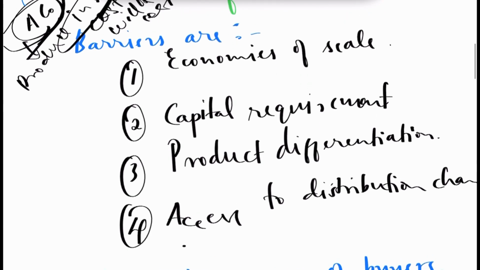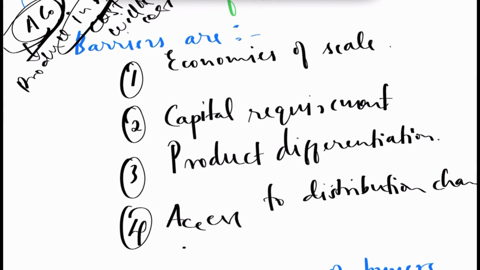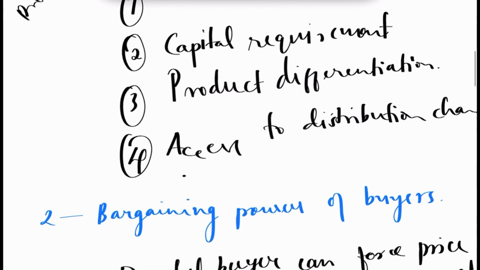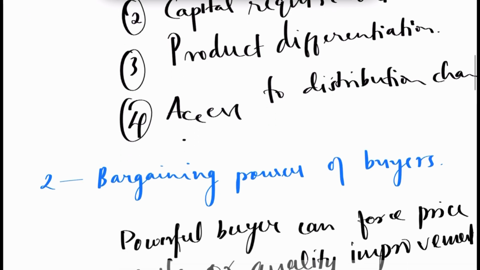Then product differentiation: as the existing company has been in the market for so long, their product will be differentiated from the new entrant's, so there will be a barrier. Access to distribution channel: there might be a clause which says do not accept products from a third party, so this will restrict the new entrants' access to the distribution channel.